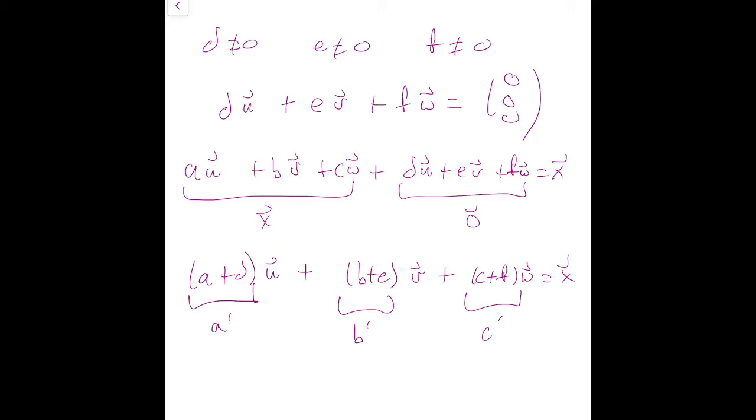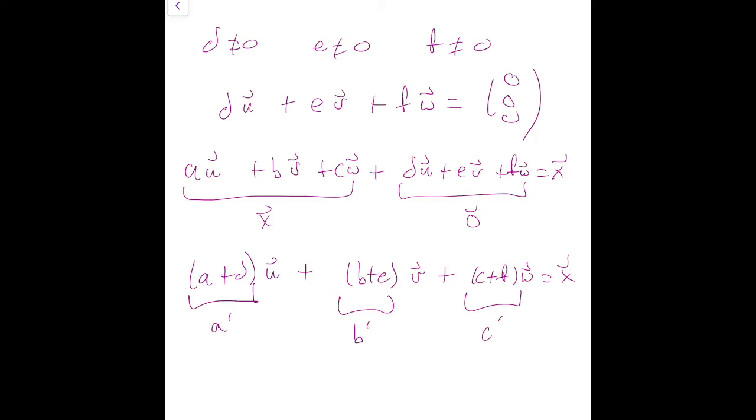Whether or not the equation AU plus BV plus CW equals X has a unique solution depends on whether or not you can write 0 as a linear combination of U, V, and W, where the weights on the linear combination are not equal to 0.